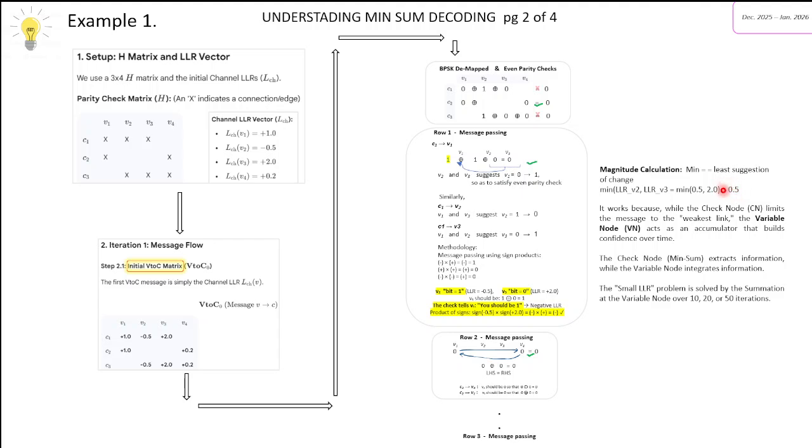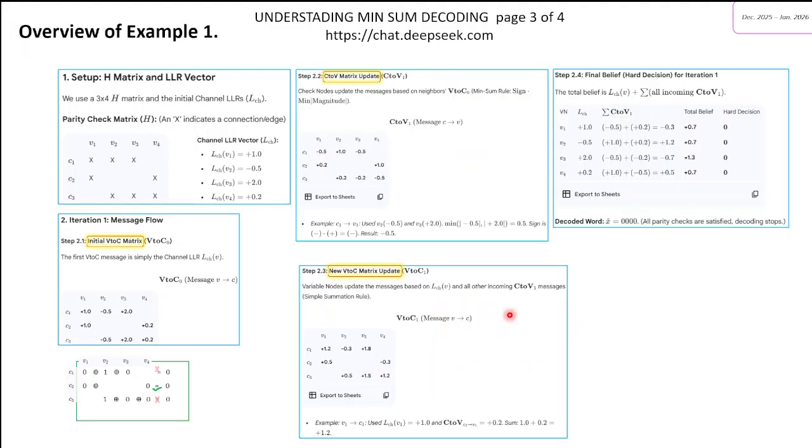So out of minus 0.5 and plus 2, the magnitude 0.5 is less, so magnitude 0.5 is chosen with the correct sign. Sign is minus. In the next slide, we will see that happening.